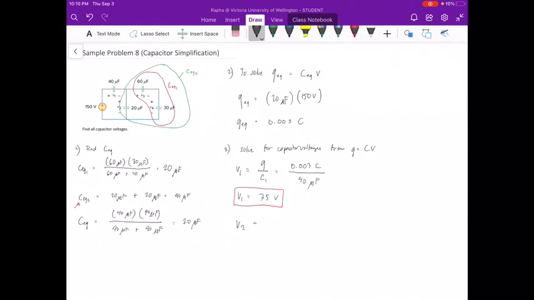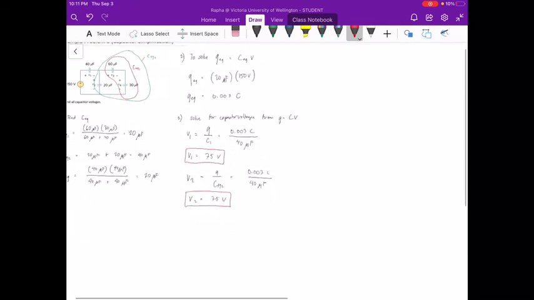V2 is equal to Q over CEQ2, because as you can see in the diagram, it clearly represents the voltage across that capacitor. So we will use 0.003 coulombs again, this time divided by, again, 40 microfarads. V2 is nevertheless 75 volts. That's our second voltage. 2 out of 4 voltages solved so far.